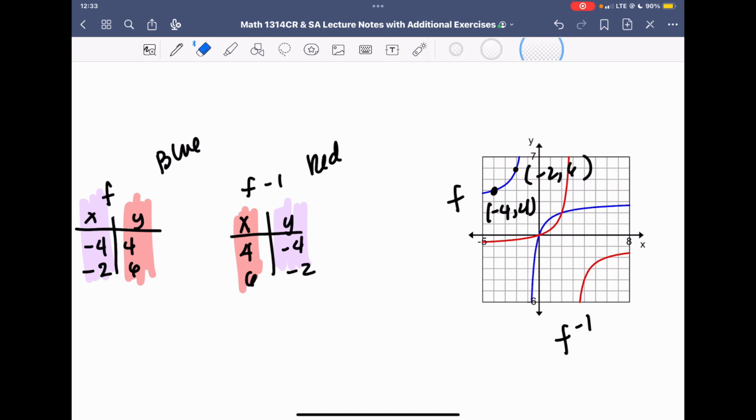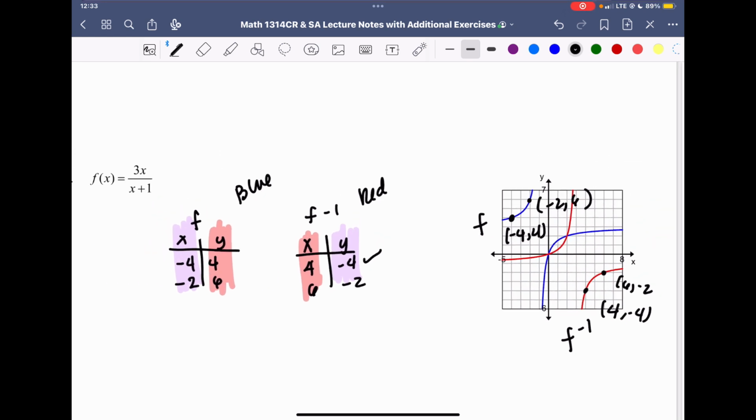Do I have 4, negative 4? 1, 2, 3, 4. 1, 2, 3, 4. Yes, this is 4, negative 4. And then do I have 6, negative 2? 1, 2, 3, 4, 5, 6, and 1, 2. So 6, negative 2. And these two are inverses of each other.